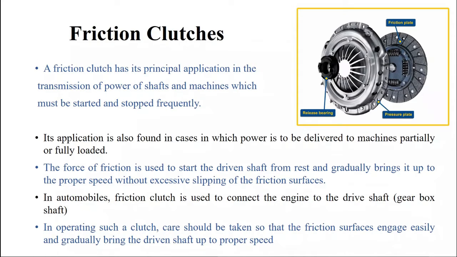They do not have any particular position where we can attach them or mesh them. All the points on one component can mesh with all the points on the other component. So frequent shifting, engaging, disengaging is possible in case of friction clutch.